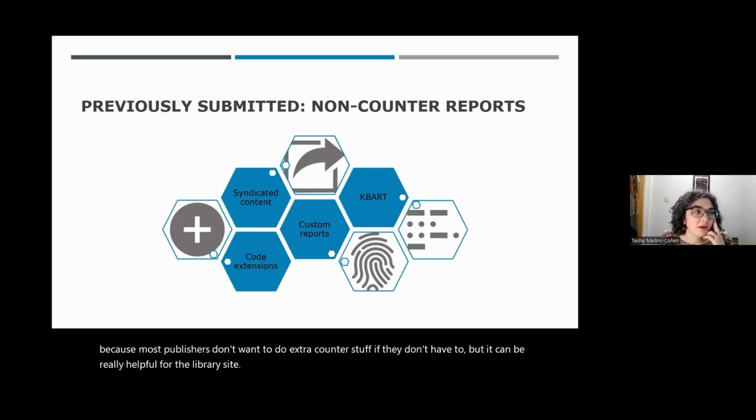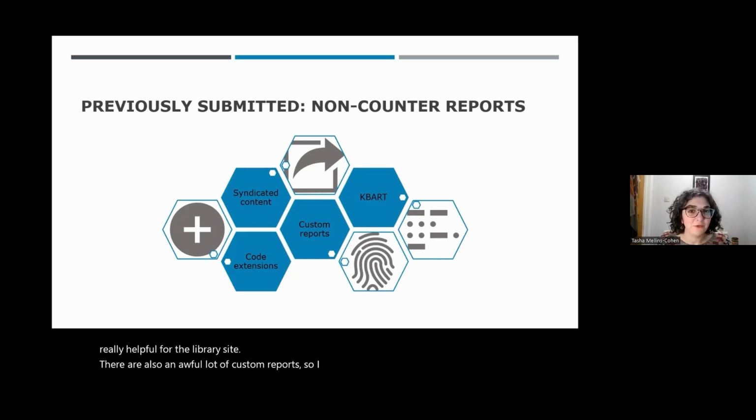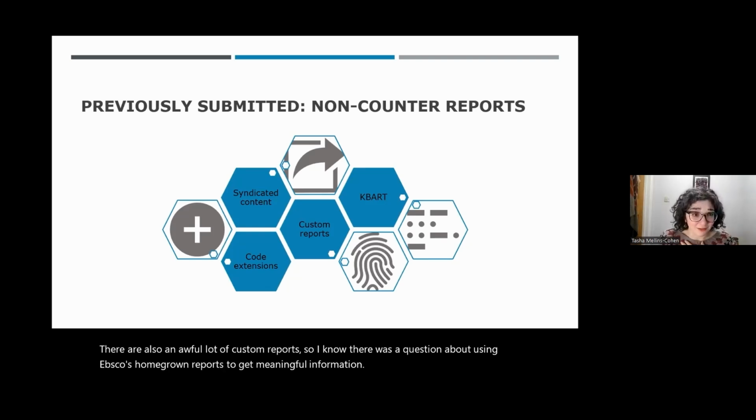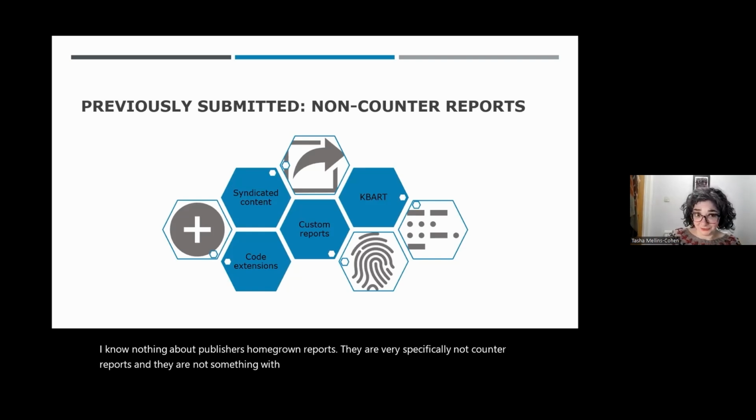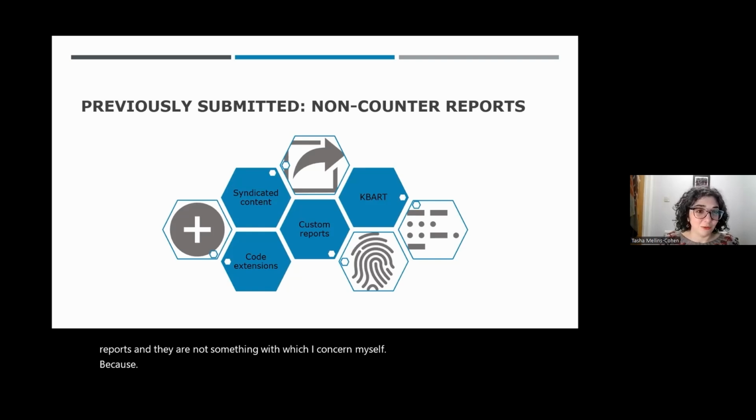There are also an awful lot of custom reports. So I know there was a question about using EBSCO's homegrown reports to get meaningful information. I know nothing about publishers' homegrown reports. They are very specifically not Counter reports, and they are not something with which I concern myself, because frankly, just keeping on top of Counter seems quite enough at the moment.